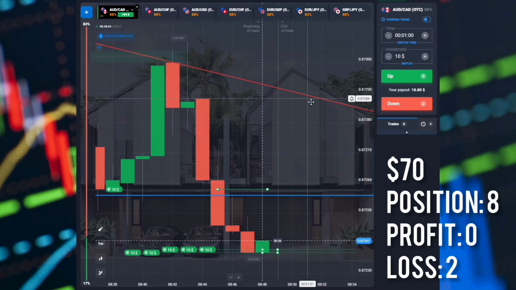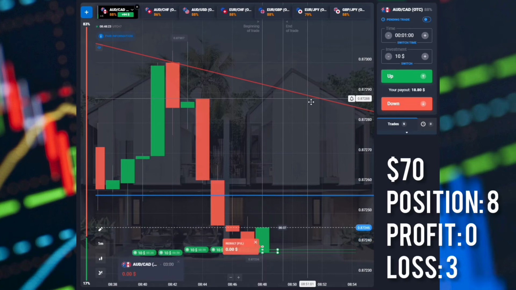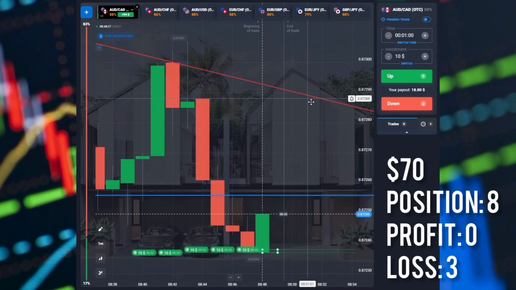Okay, I just opened five positions up for 1 minute, and I'm quite sure that it will save my money. They will all profit. Okay, that one I lost, but all five of these will profit.